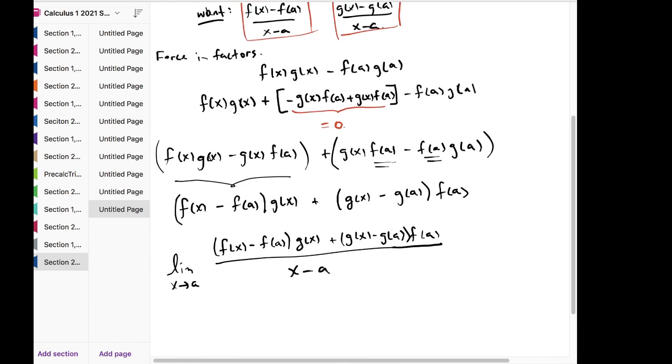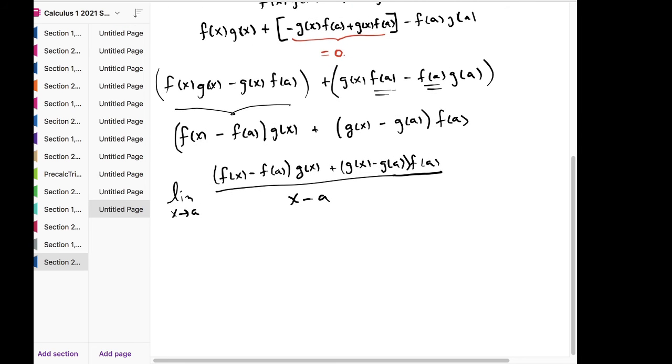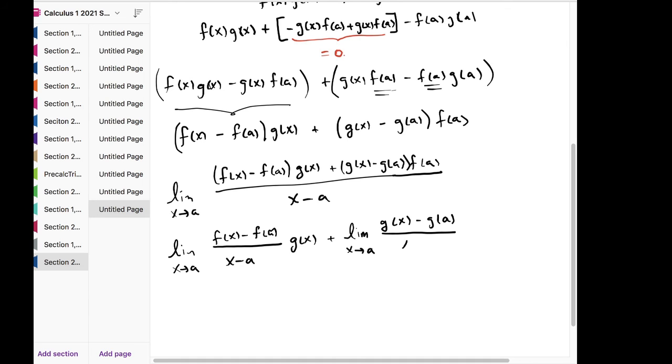So we can split up the fraction, right? Okay, so while I'm writing this, can someone tell me the limit? Oops, I jumped the gun. Oh, no, it is that.